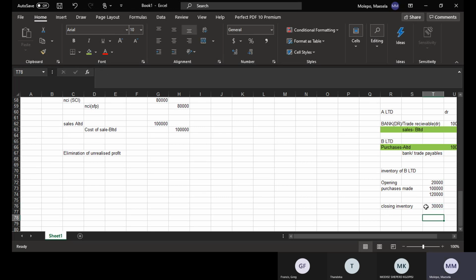So it means the inventory sold so far, the sales made by B Ltd to people outside the group.